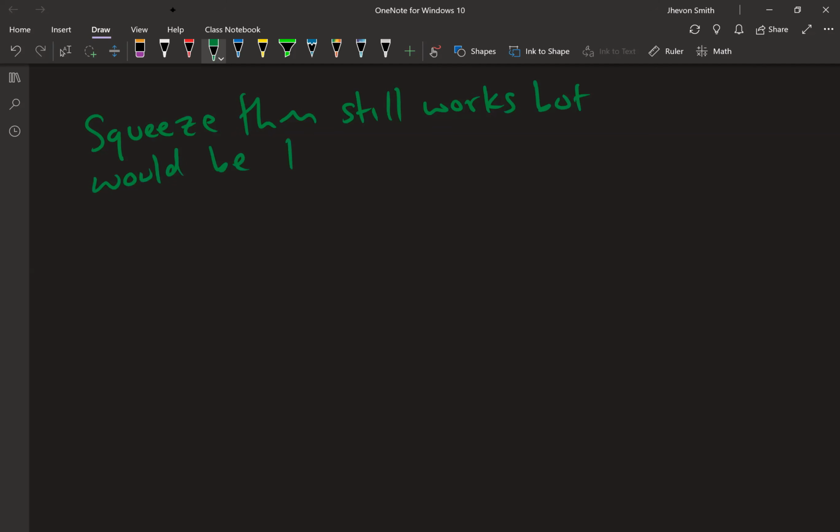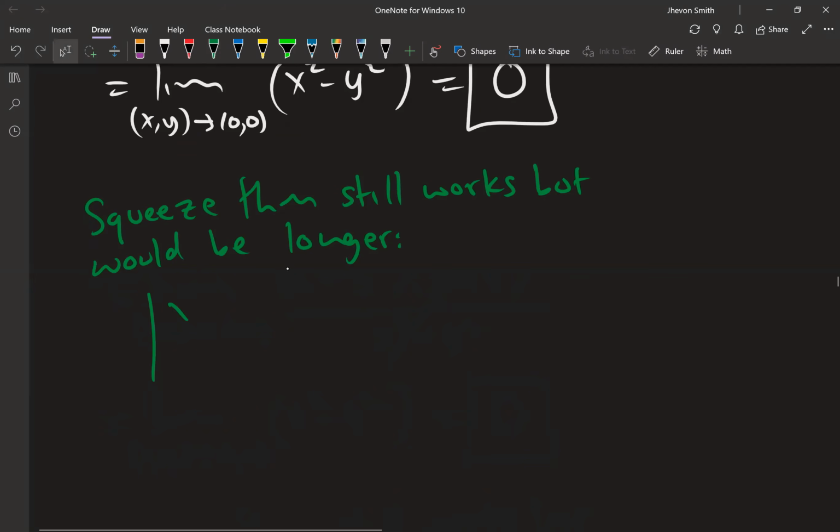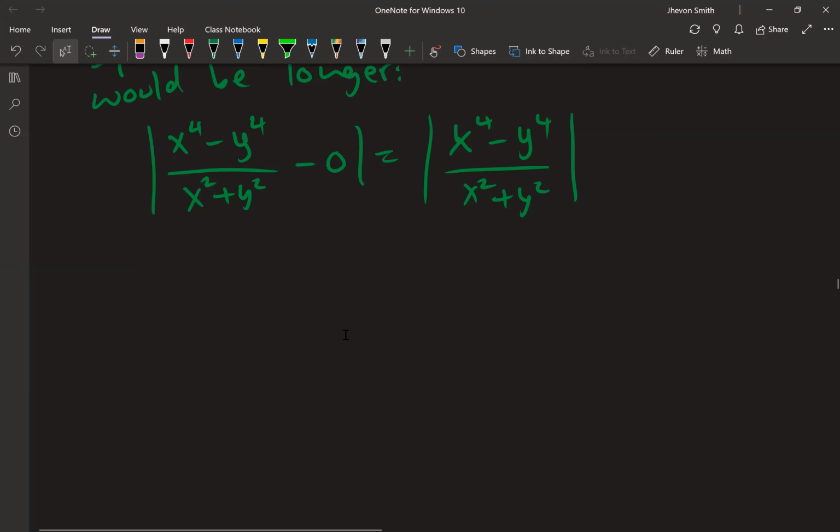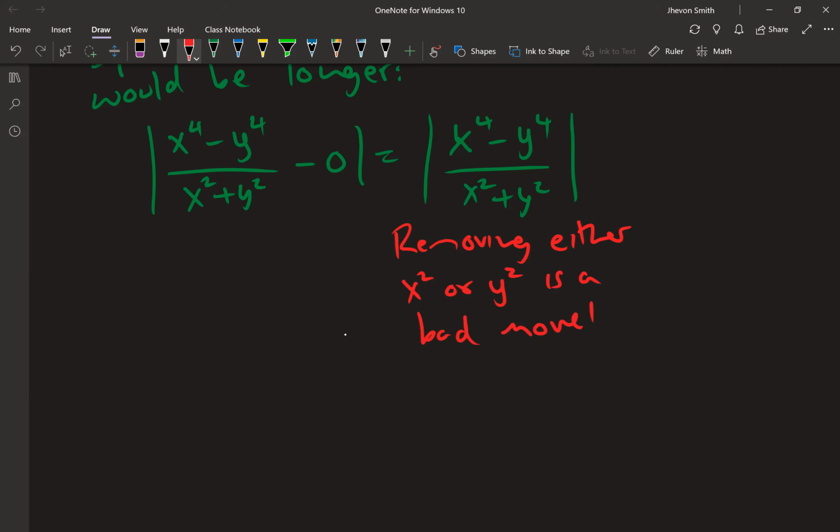So for example, you'd end up having to do a similar thing, you'll notice. Like if I had this, you'd realize removing either the x squared or the y squared is a bad move, right? So hopefully you notice that. The better move is to actually do the same simplification.